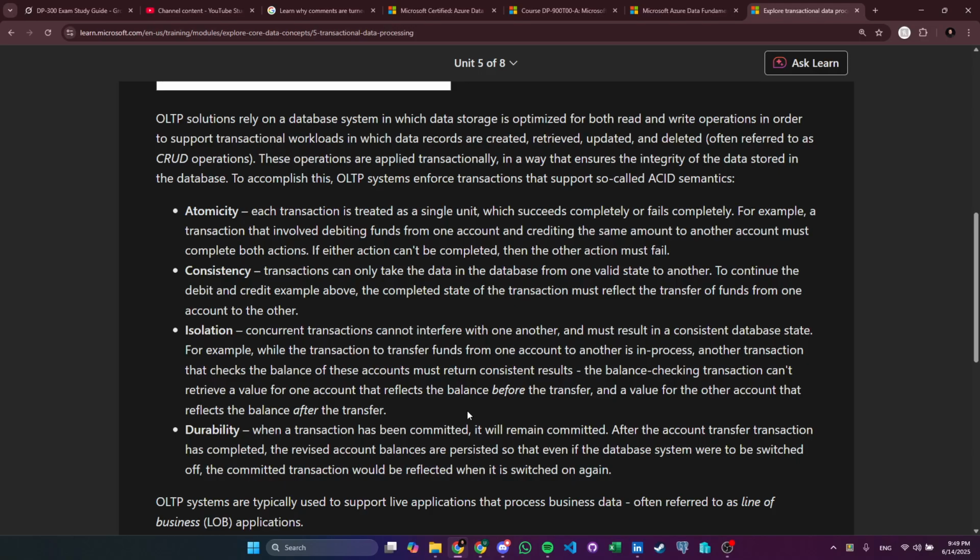We need to treat each transaction as a unit, even if it was multiple deductions, multiple additions to certain accounts.